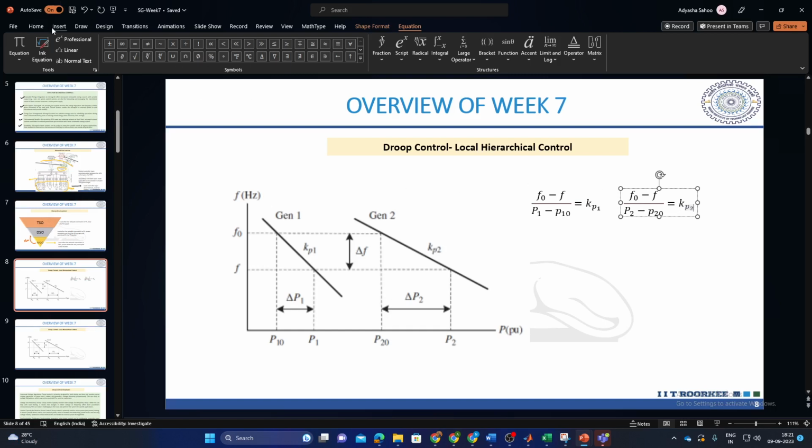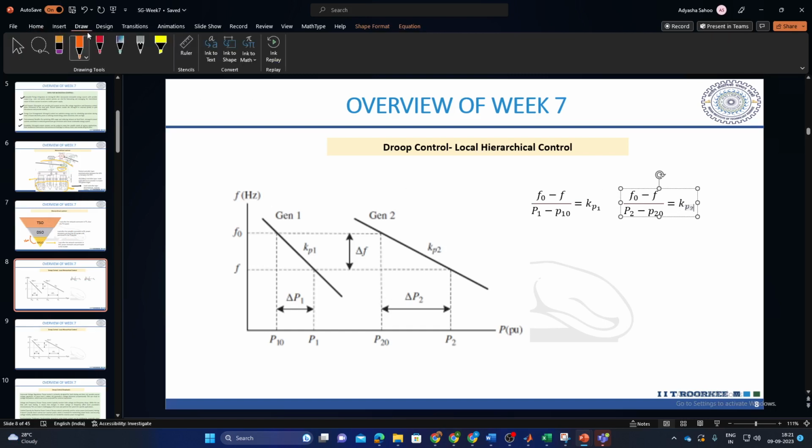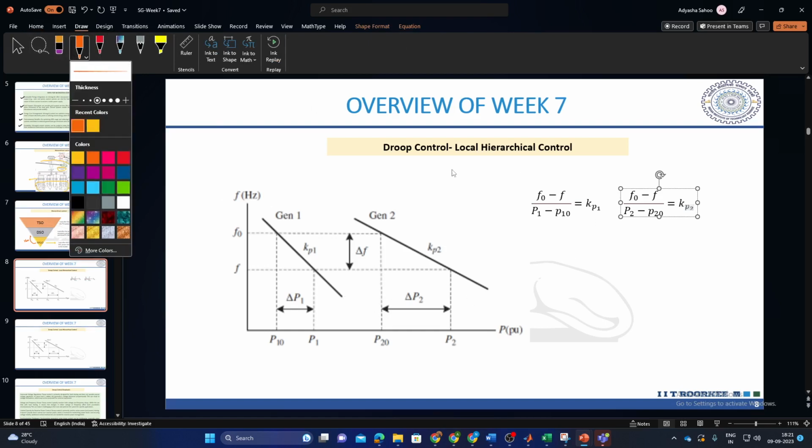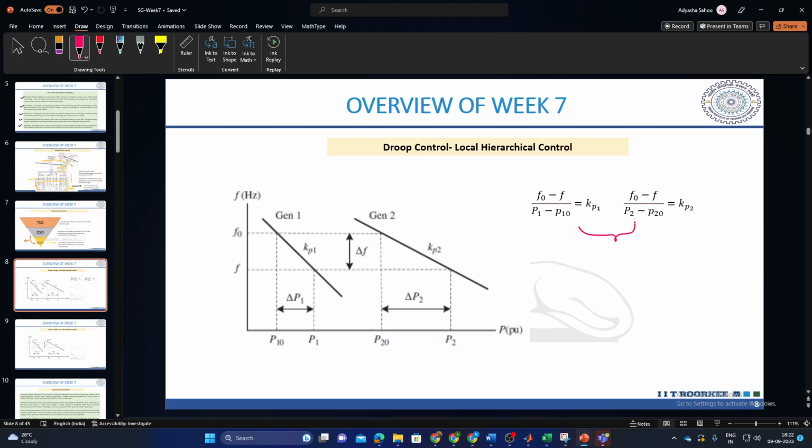So from both of these, f naught minus f is the same, right?